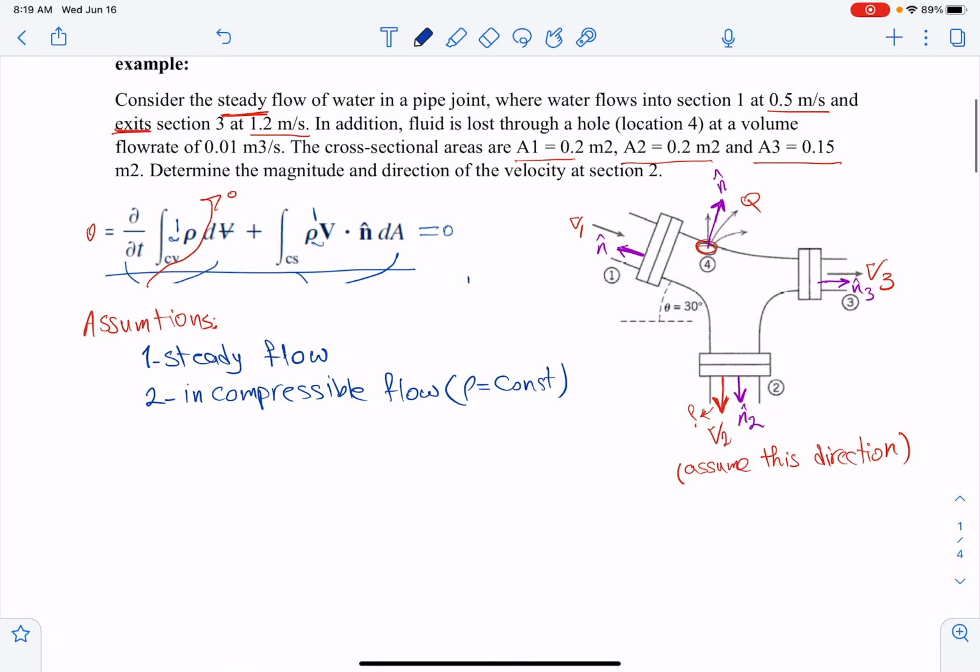The other assumption is that we have constant properties, and because we are assuming the velocity in one direction, we can also say that we have one-dimensional flow, which means, for example, that we have uniform flow.